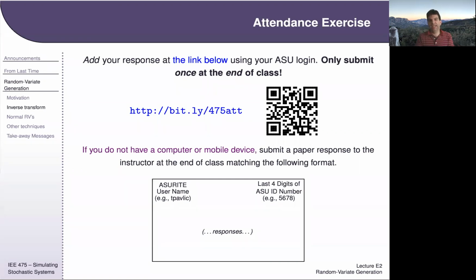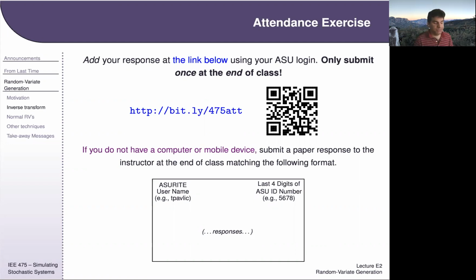There is a seed block that you can draw into ARENA, and if you drill into it, you can then adjust the seeds. All I'm asking for your attendance question today, and again, this is not graded for correctness, it's graded for coherence and completion, is where would you find that block? Is it in the run setup, or where is it? Where do you adjust the seeds in ARENA?